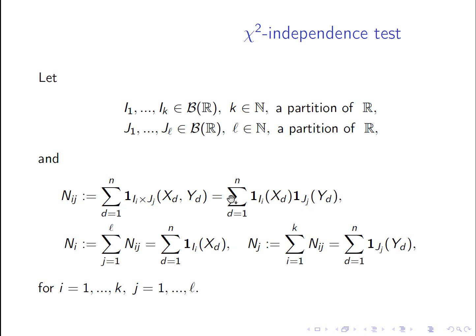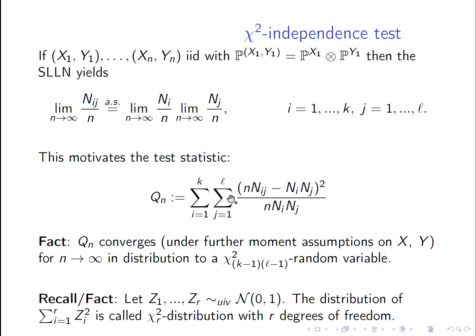So we are counting on how to build a test statistic from this. The test statistic is done in this way, but first some further motivation. If (X_1, Y_1) up to (X_n, Y_n) are really IID and have the property that X_i and Y_i are independent, so that the joint distribution of X_i and Y_i is just a product measure, then we get by the strong law of large numbers that N_ij divided by n converges almost surely to the same value as the product of these limits here.